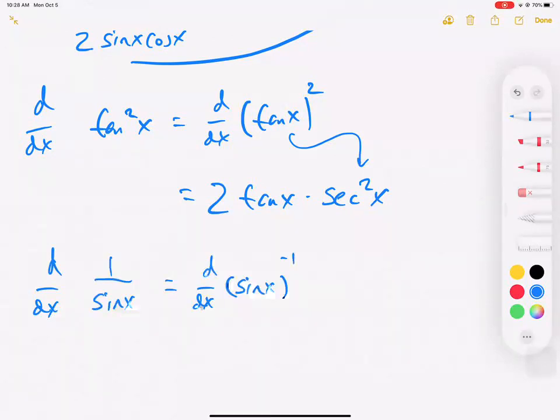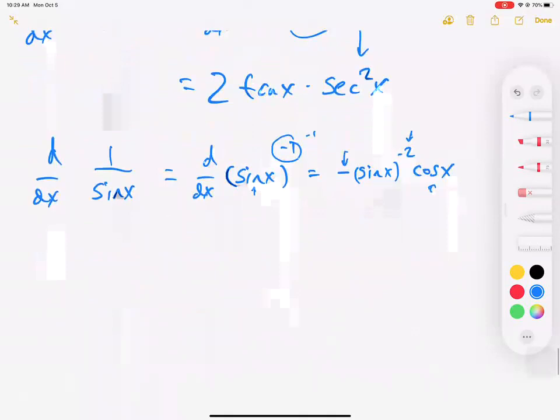If I take the derivative of this, it's negative sine of x to the negative 2 power, because we're minusing 1, right? And then derivative of sine is cosine of x. Okay? Double check it. We took derivative of the outside. That's where the negative and negative 2 came out. Derivative of the inside, sine, is cosine. All right, that looks pretty good to me.